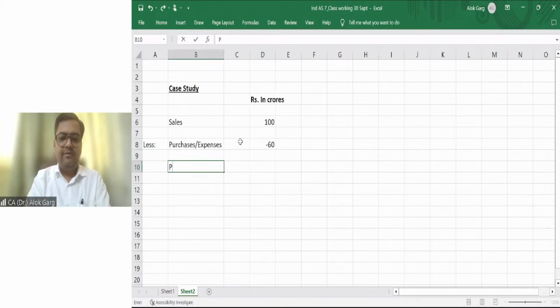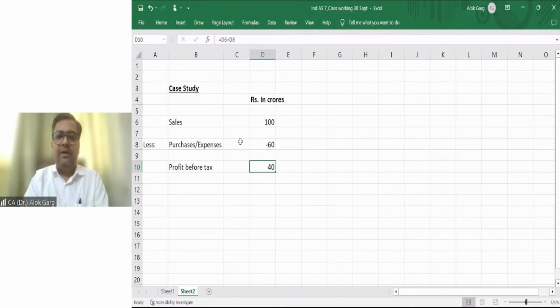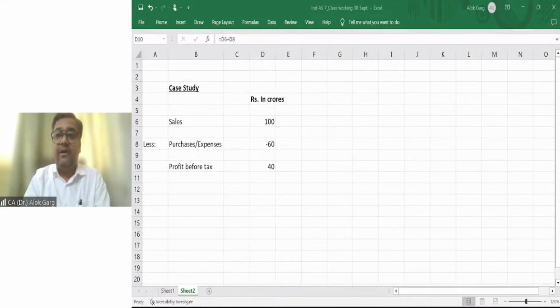What is the profit? Profit before tax is 40 crores. This P&L account has been prepared on an accrual basis.